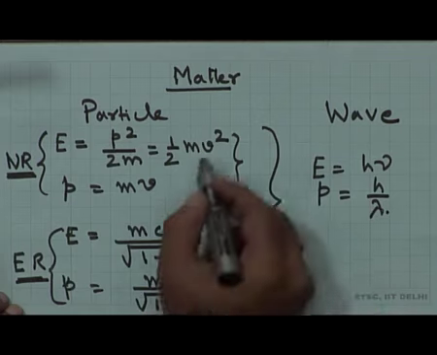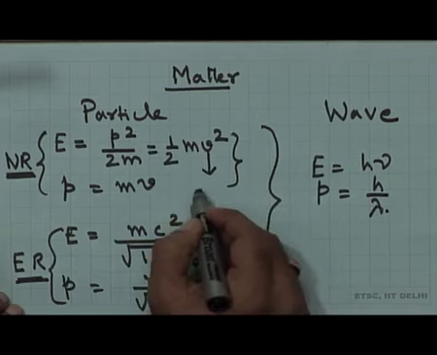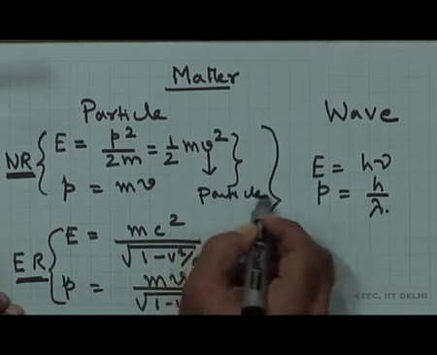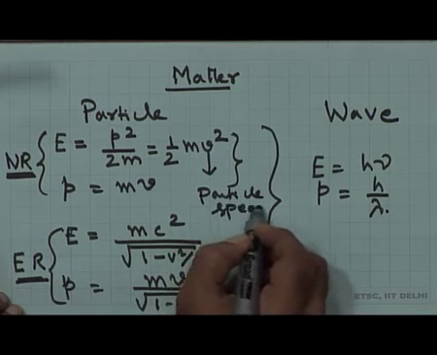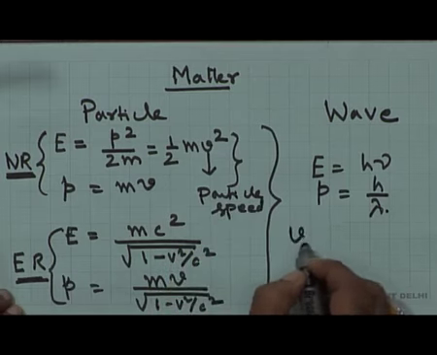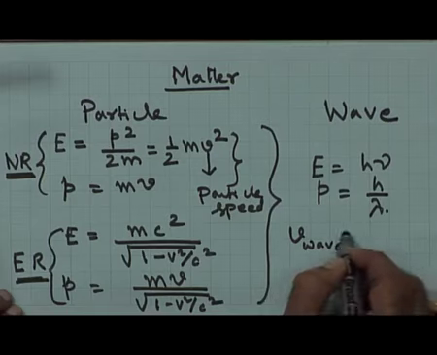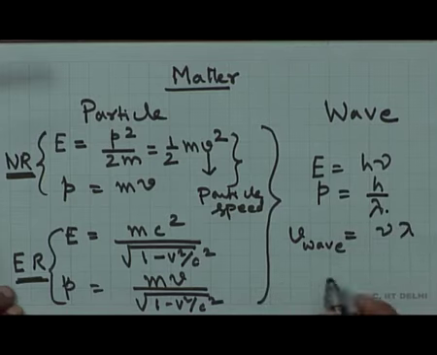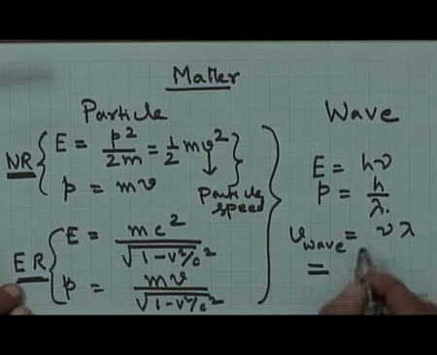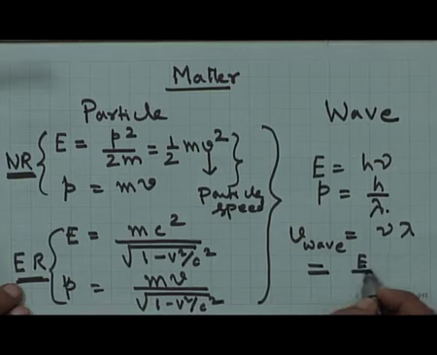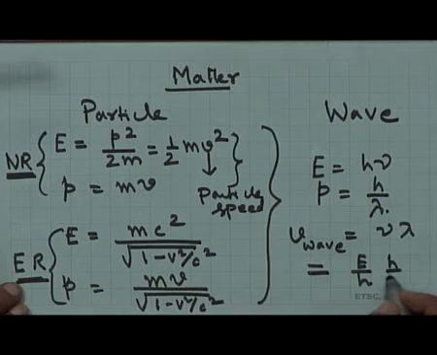So, here the v is the velocity of the particle, particle speed let us say, whereas here my v wave can be written as nu into lambda. And what is nu into lambda? That is E by h, and lambda is h by p, which is E by p.